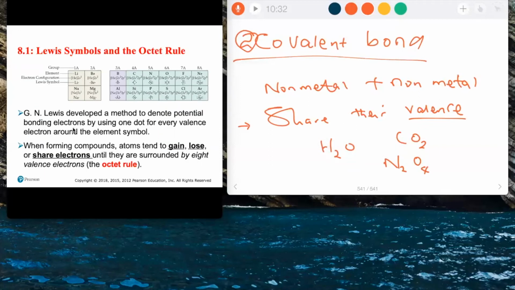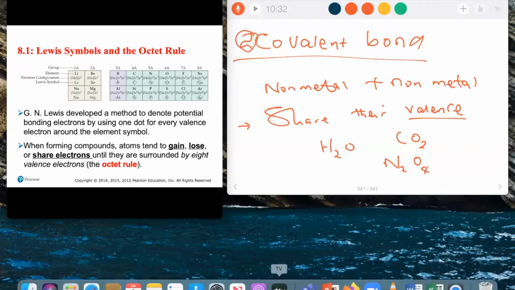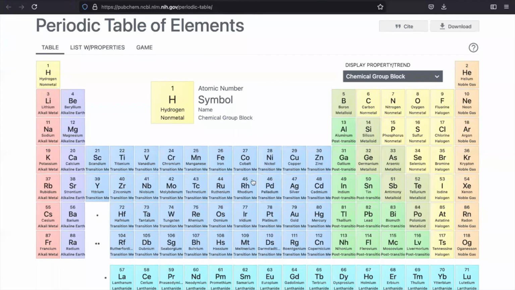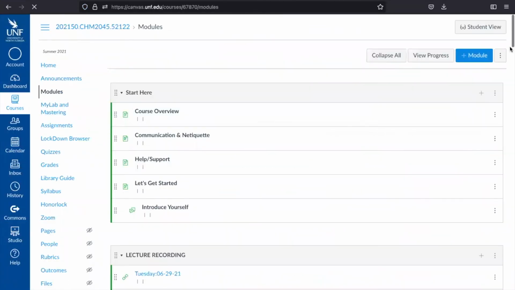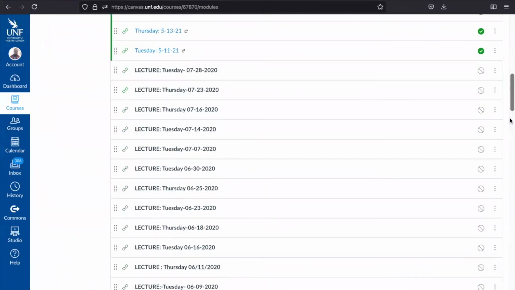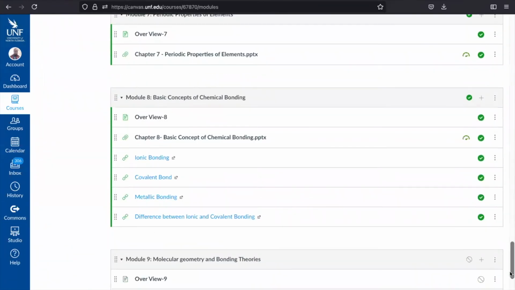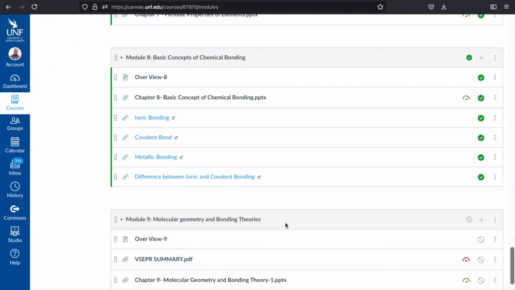Before we look at the Lewis structure, there is one clip I want to play. I posted it online. Let's look at it. It will explain in a different way. Before we come back to this, it's a YouTube video on module 8, which explains the difference between metallic bonding.